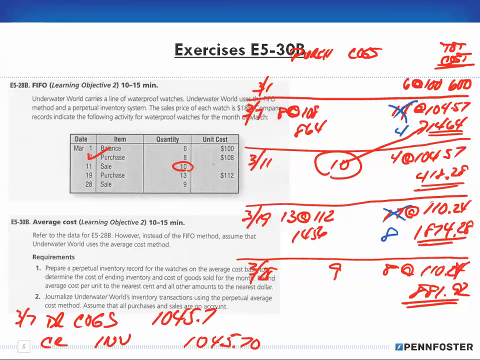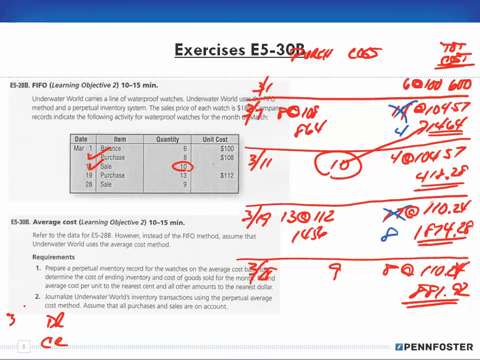So that's 10 times 104.57. That's our entry to move them out of inventory and put them into cost of goods sold on 311. Okay, so that's that.